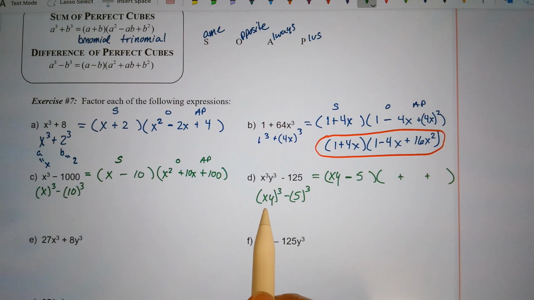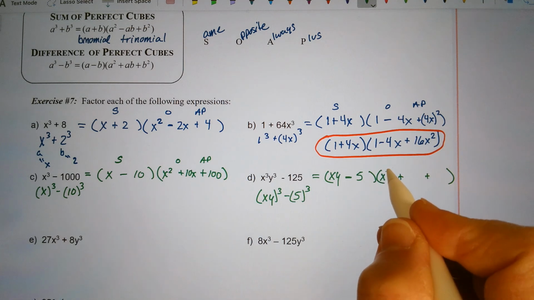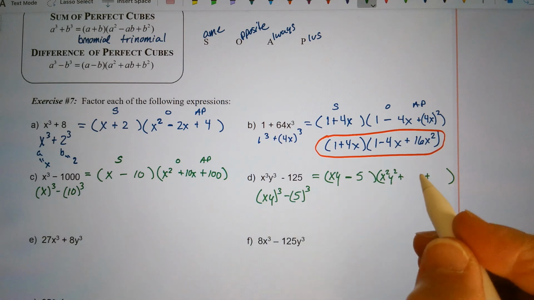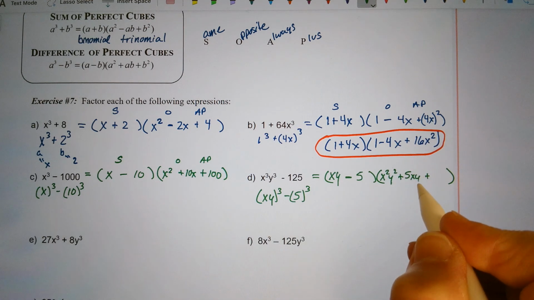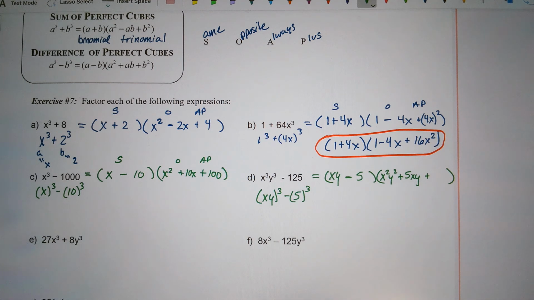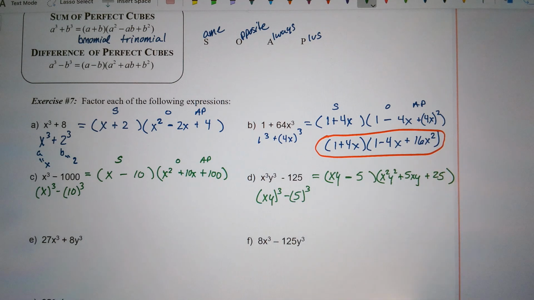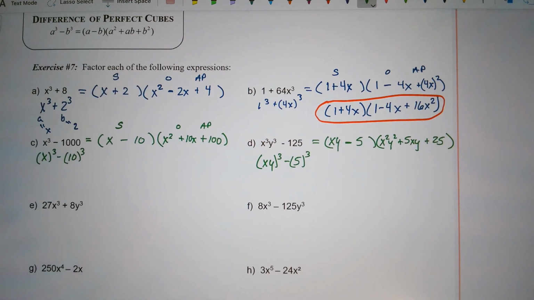Trinomial, you're going to take xy times xy and get x squared y squared. The middle term of the trinomial is the product, xy times 5, 5xy. And the last term of the trinomial is 5 squared, which is 25. You're welcome to pause the video and try the others on your own if you like.